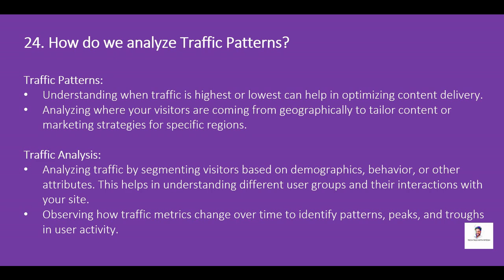So what time zone your users are most active in, and on the basis of that calculation, you are running your campaigns. You are doing that analysis, optimizing the content delivery, and analyzing where your visitors are coming from geographically to tailor content or marketing strategies for specific regions. I mean, if you are running a campaign when those people are sleeping, there is no significance of running such a campaign, correct?